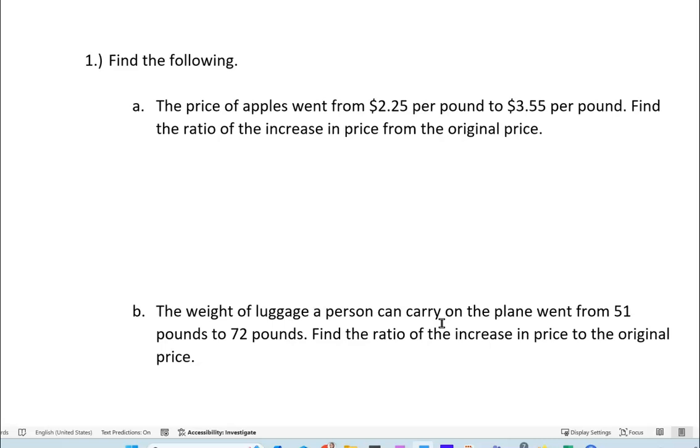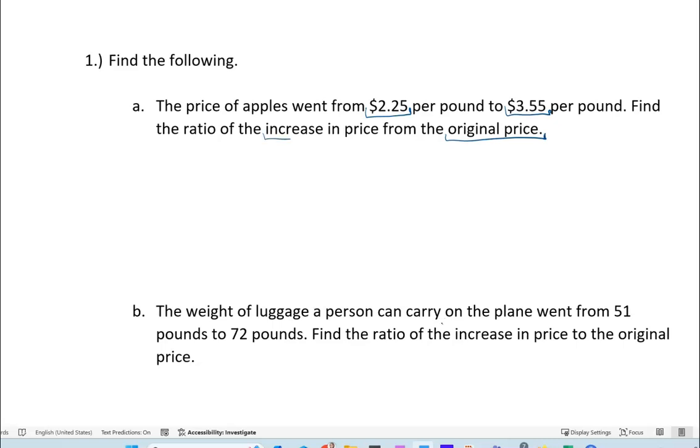So there is a formula, a way of setting this type of problem up every time you see one. And what you're doing is you care about the difference between your original price and your new price. You're comparing the difference to the original price.